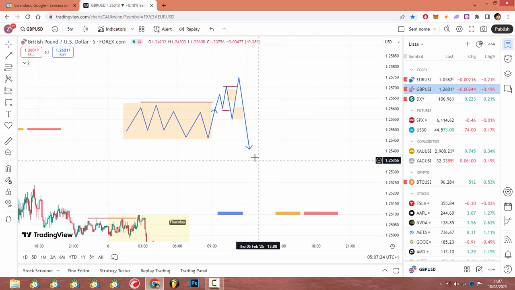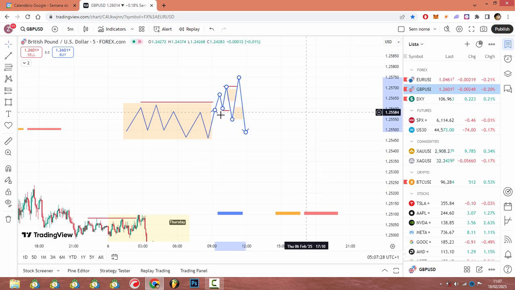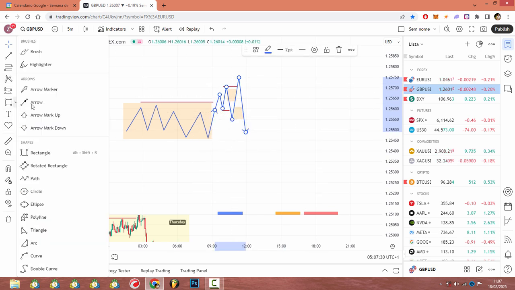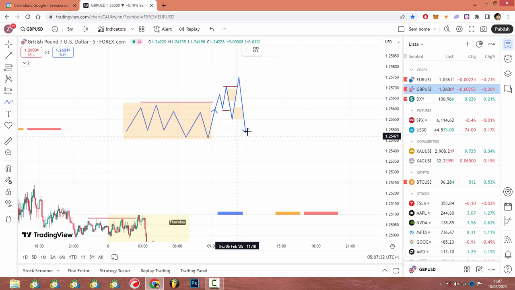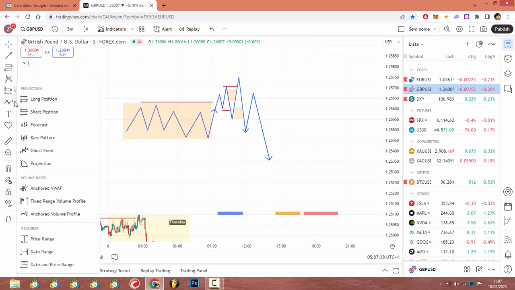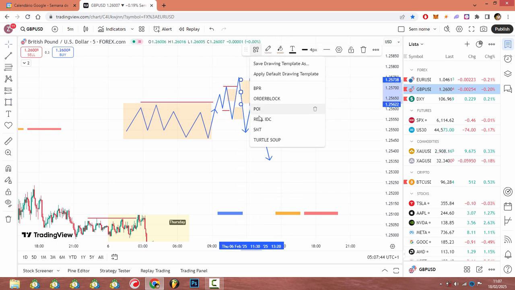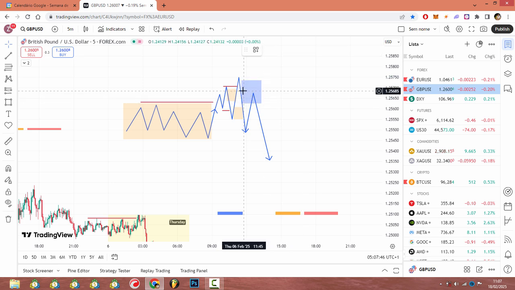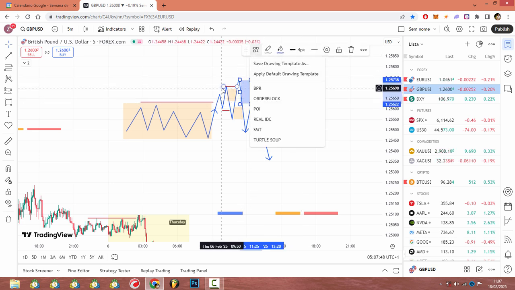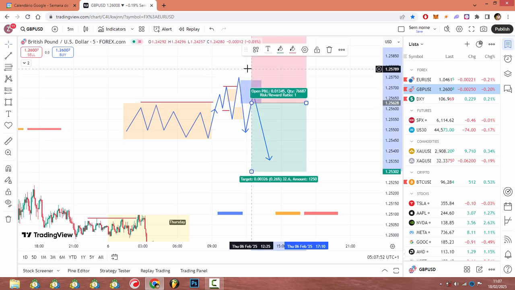And price will give you the real breaker structure here and then move lower. So here you got your true order block. These were all traps, and you get the correct move.